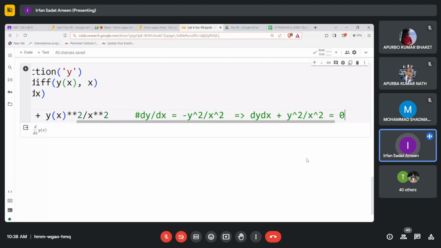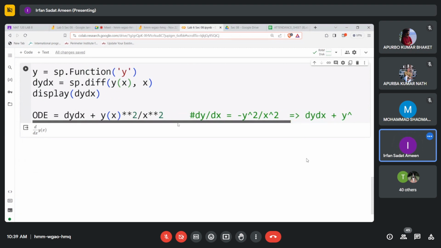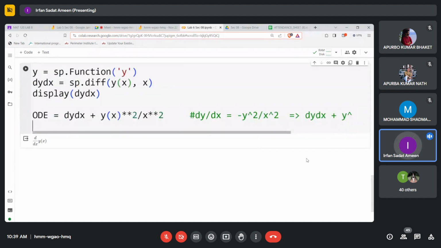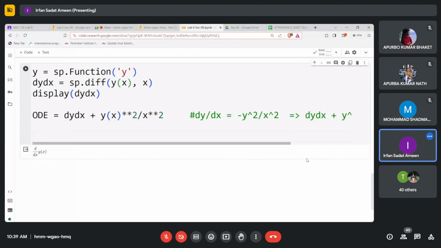So we define this left hand side, and the right hand side equals 0 will come when we write dsolve. Now we have everything properly. Now if we use dsolve, we will get our solution.